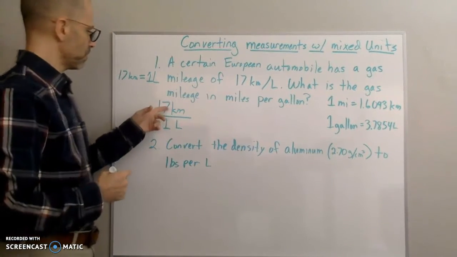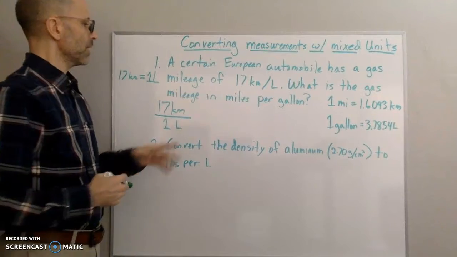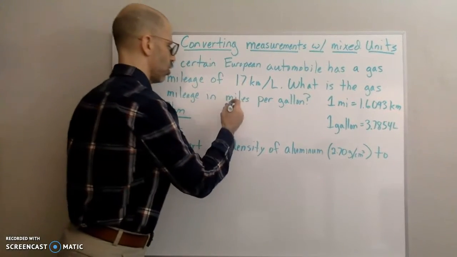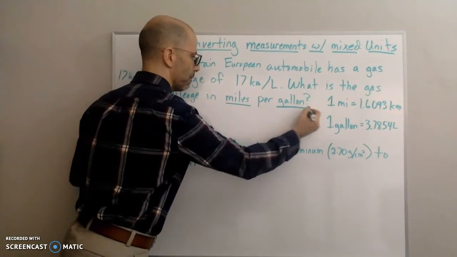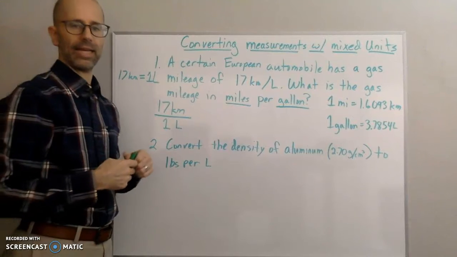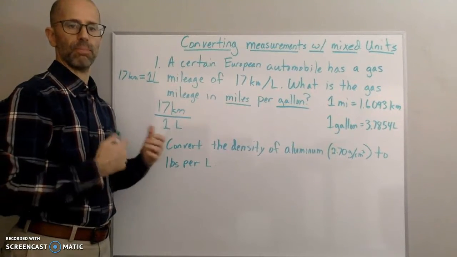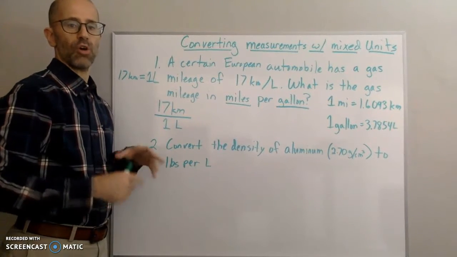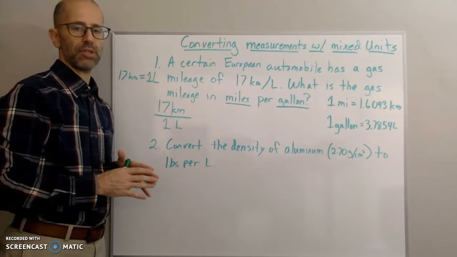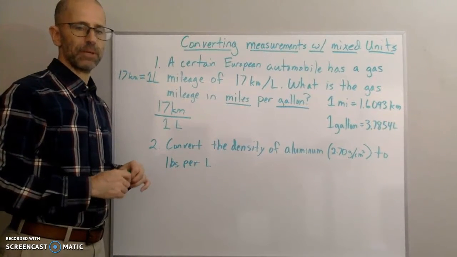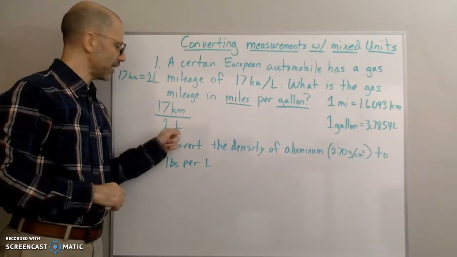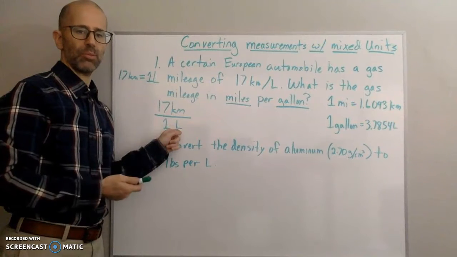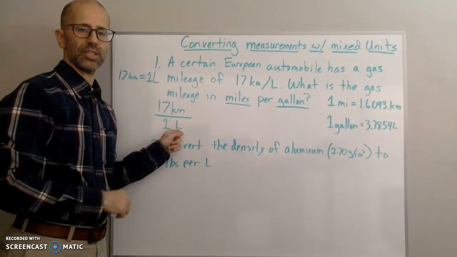So now I have 2 units, and notice they want me to go to miles per gallon. So I need, in this case, to convert both units. So nothing is different as far as conversion factors. The only thing that is different is that I now have to convert the bottom one, but the strategy is the same.